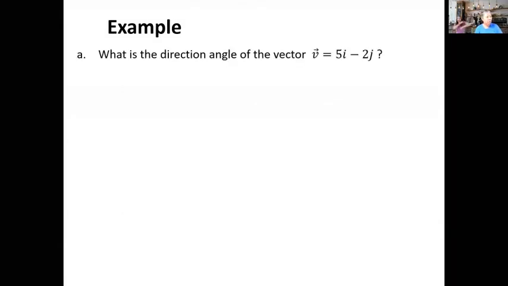Okay, what is the direction angle of the vector V? It's 5i minus 2j. In the previous section we learned how to rewrite the component form of a vector as a combination of i and j. The value that goes with i is the horizontal component, and the value that goes with j is the vertical component.